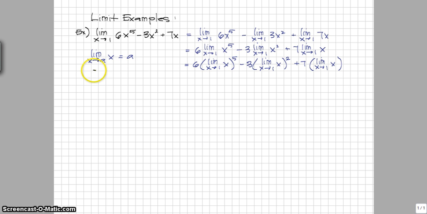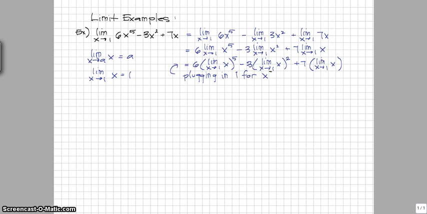So applying that to this specific problem, we get the limit as x approaches 1 of x is equal to 1. In other words, at this step right here, what we're really doing is plugging in 1 for x.